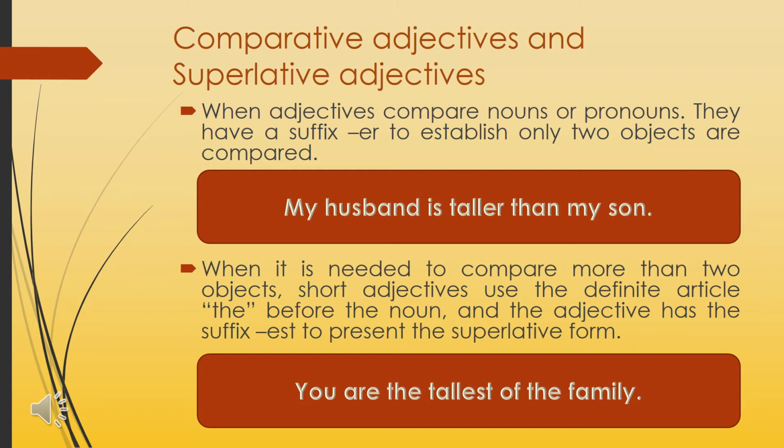This is built using the definite article before the new word, made by the root and the suffix est. This new word forming process is applicable only with short adjectives, usually one syllable or two if the letter Y works as a vowel in the second syllable.